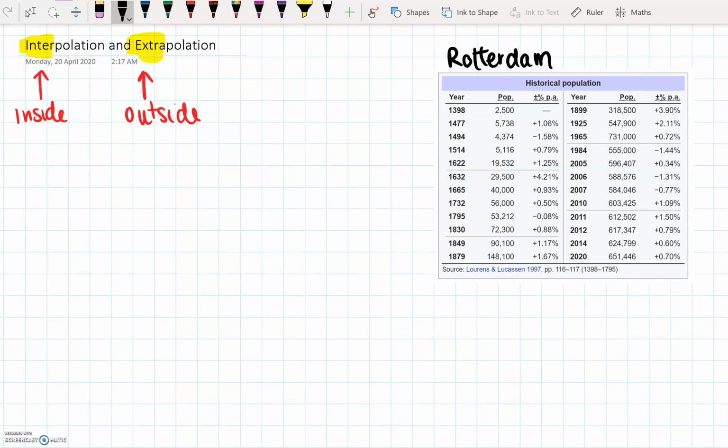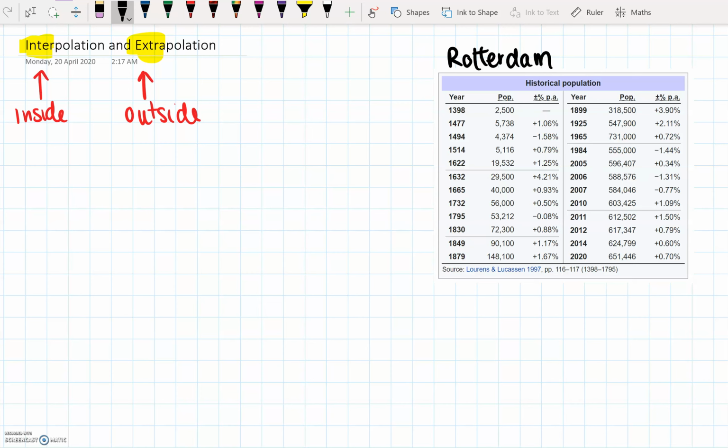So now what you can see, if you look at the change per annum, that's what the PA means, every year, is that it's not always consistent. Sometimes it's +1, then it goes -1.58, +0.79, etc. This changes throughout the table.